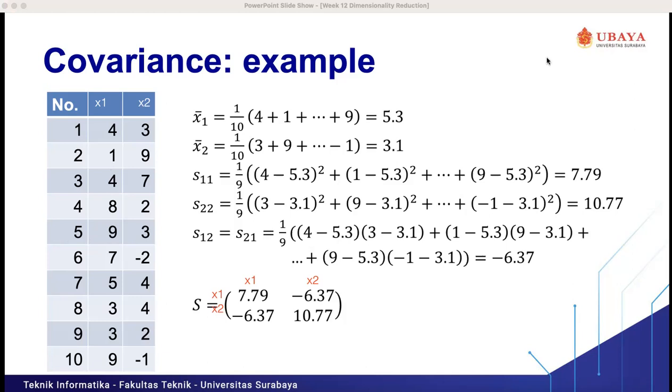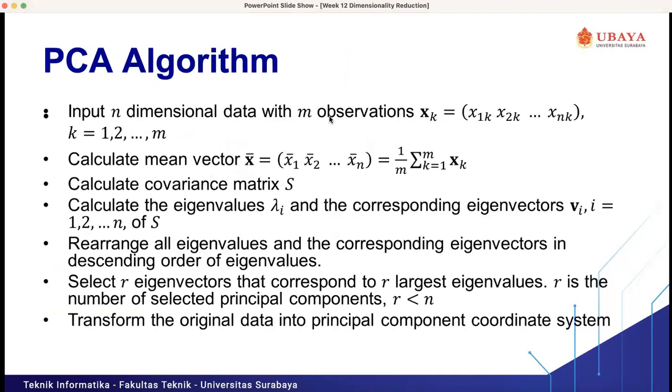Okay, so we are already at step number 3, calculate the covariance matrix S, after we calculate the mean vectors for every feature that we have. Then step number 4, we calculate the eigenvalues and eigenvectors.